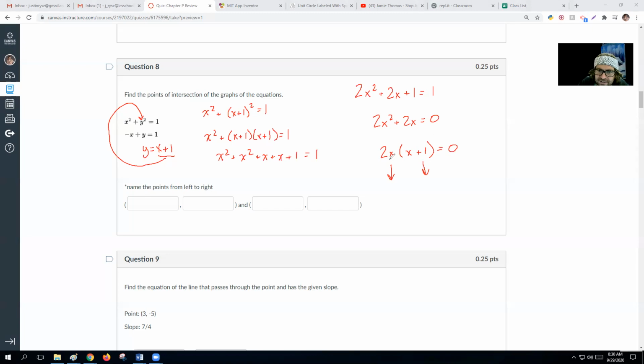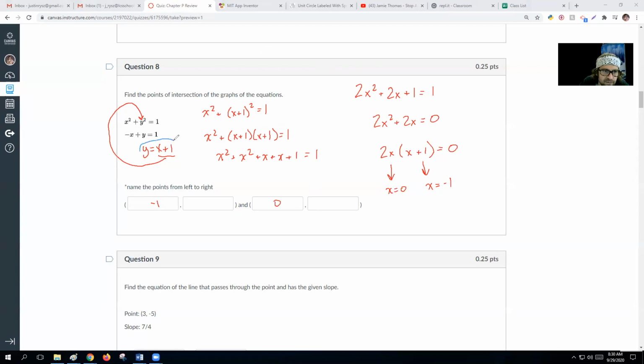All right, so when does 2x equal 0? Well, that's when x equals 0. And when does x plus 1 equal 0? That's when x equals -1. So if we're going to name these points from left to right, we have -1 is our first x, 0 is our next one. Then what we need to do is plug in those numbers to find the value of y.